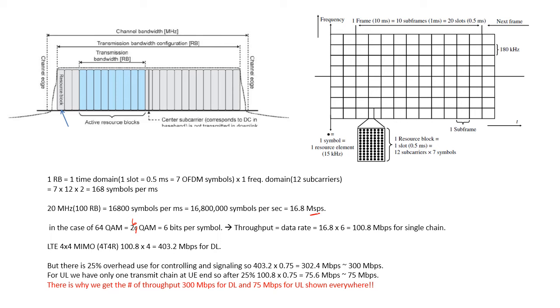After taking 25% off, we get 75.6 megabits per second, or more commonly used, 75 megabits per second. This is where we always get the throughput of 300 megabits per second on downlink and 75 megabits per second for uplink shown everywhere. This is after taking into consideration the 25% overhead used for controlling and signaling.